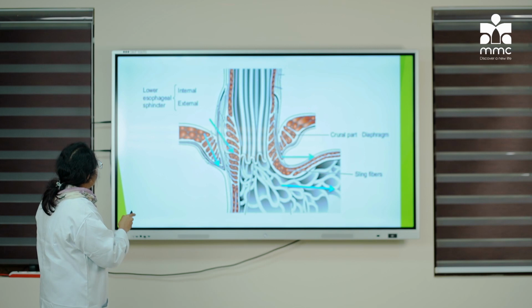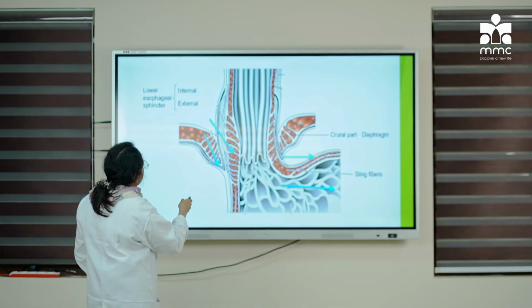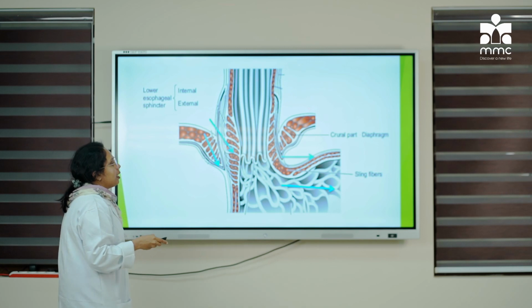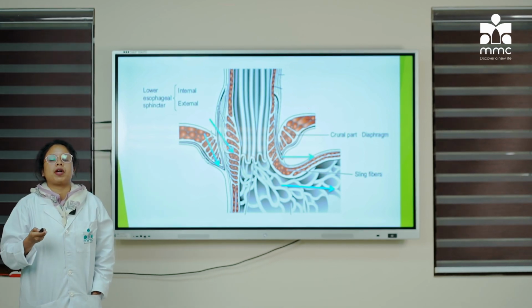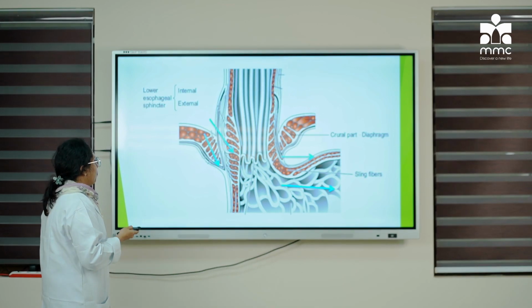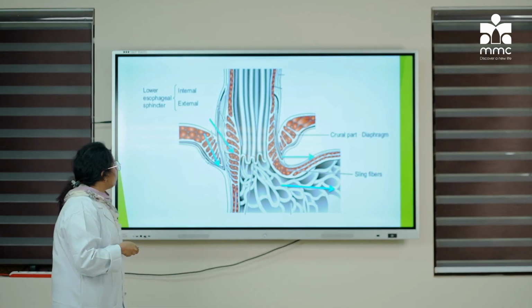You can see the lower esophageal sphincter has mainly 3 components. The internal sphincter is formed by the smooth muscles of the esophagus, the external sphincter by the crural part of the diaphragm, which is marked here, and the third one, the flap valve, is formed by the sling fibers of the oblique muscles of the stomach. So these 3 form the lower esophageal sphincter.